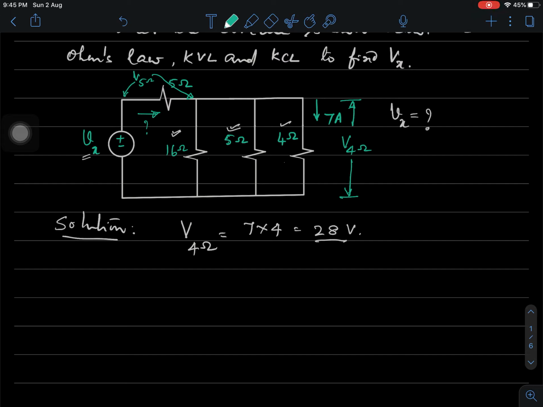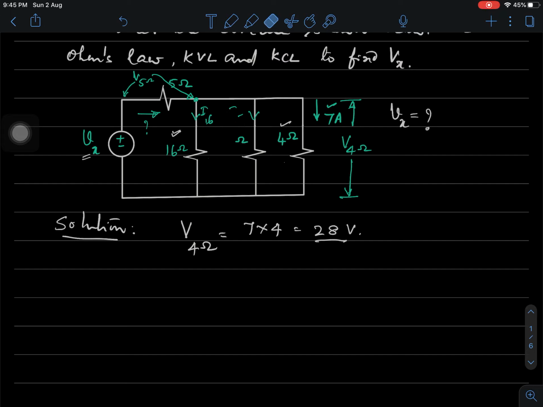If I can somehow get the current in this branch, I can apply KCL at this junction, because I know this current of 7 amperes. This is I through 5, and this is I through 16. If I am able to get these independent currents, I will be able to get the current through this 5 ohm, and multiplying that with the 5 ohm resistance, I will get the drop. So I know how to go about the problem now.